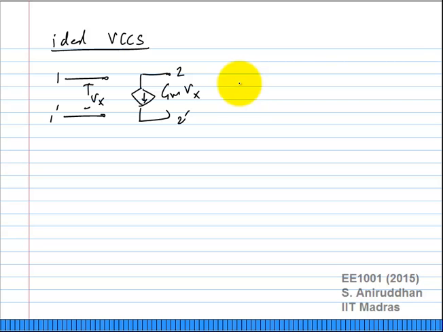You can go through all the parameters, but the basic idea is you need to figure out when the port can be shorted and when the port can be opened. Very clearly the port 2 prime cannot be open circuited when you apply a voltage at the first port. So you have to look at the parameters where port 2 prime has to be shorted. What are those two cases?